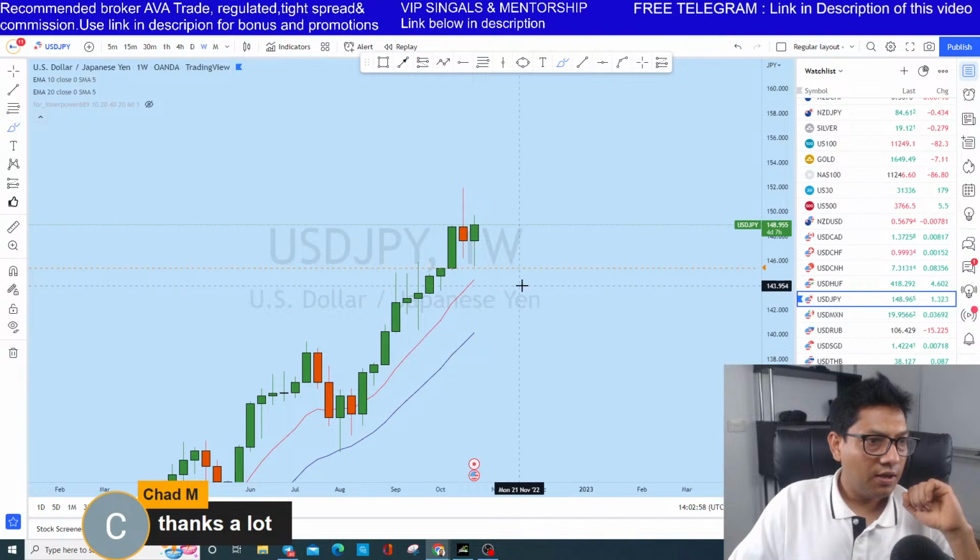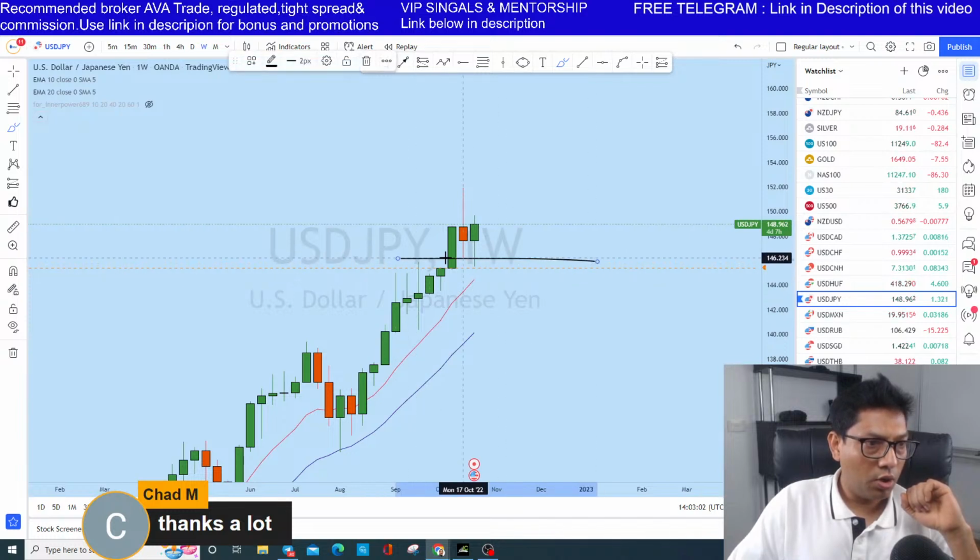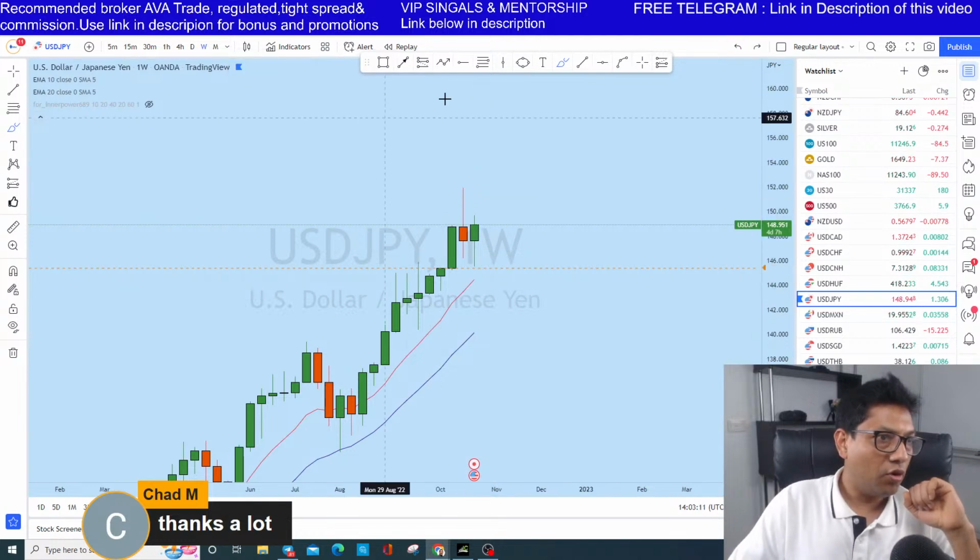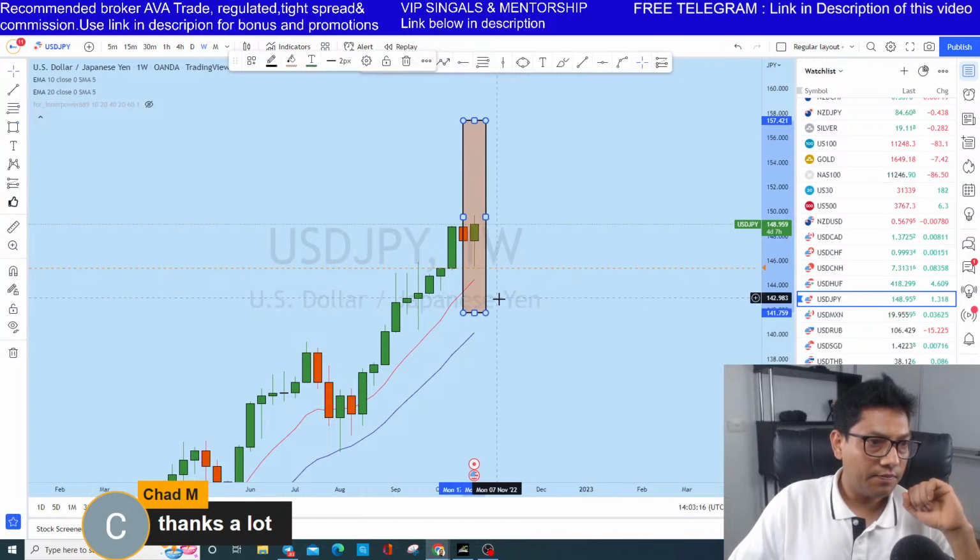Now on the weekly, you see this candle broke the weekly low, so that's a sign for a bigger move. So on dollar yen, this is the weekly candle, right? Before the end of the week we could see on dollar yen a candle like that.